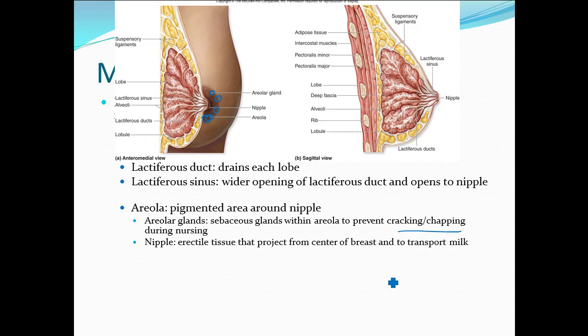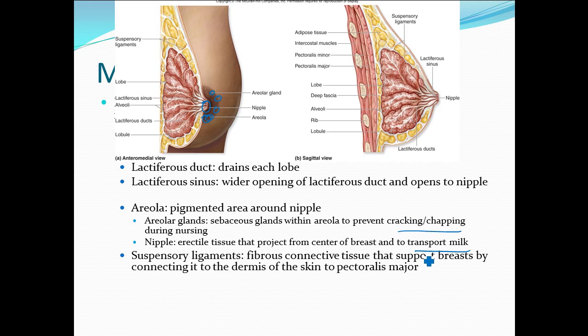Not to say it doesn't occur, but it helps prevent that from occurring. The nipple is erectile tissue, and it's, once again, to transport the milk. We have suspensory ligaments all over the place here to help support the breast and connect it basically to the pectoralis major.